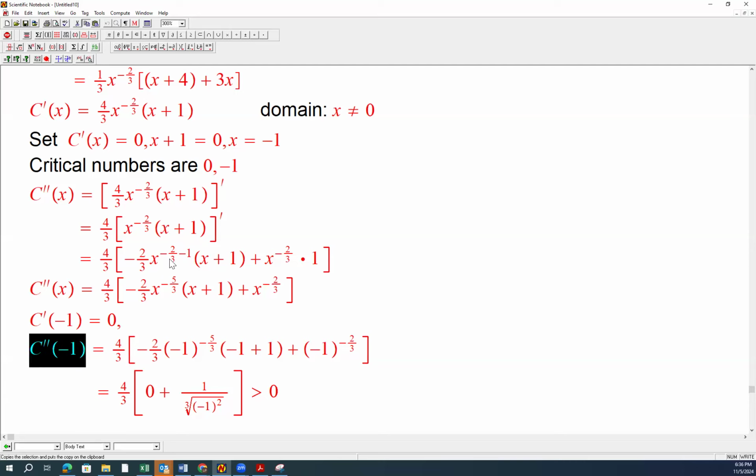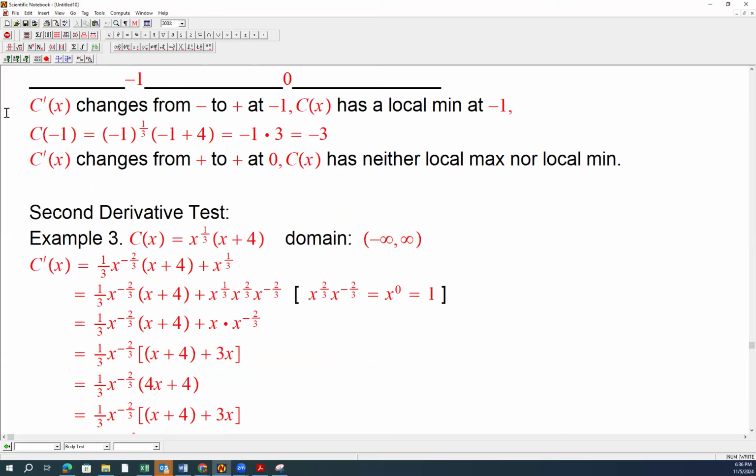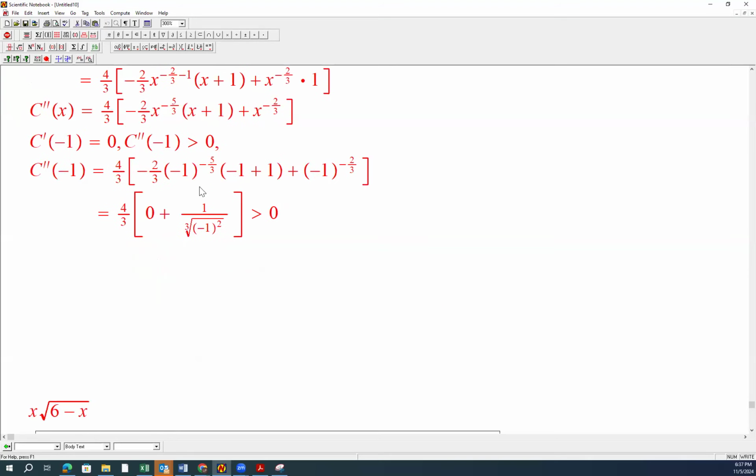So we have the second derivative at -1 is greater than 0. Now we draw the same conclusion, that it has a local minimum. Same conclusion.